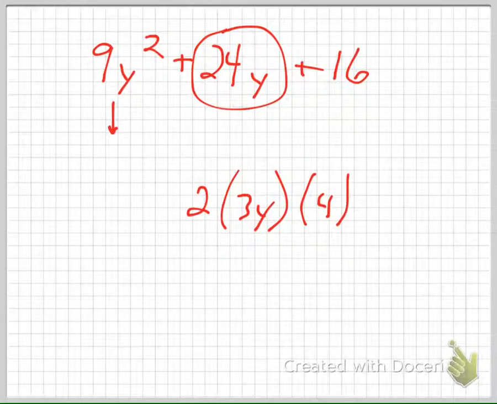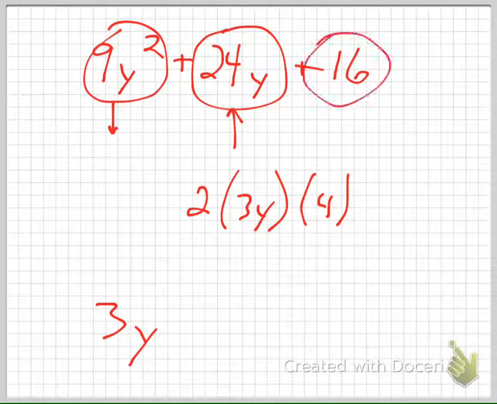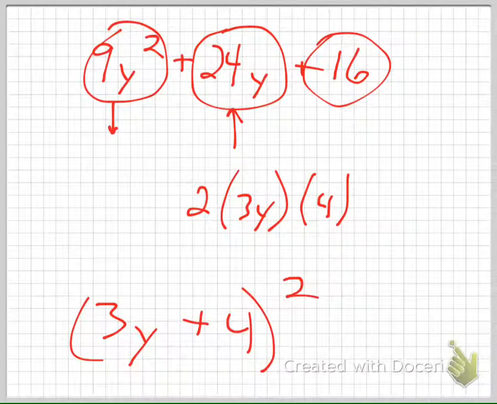What is 2 times 3y? 6y. What is 6y times 4? 24y. That makes this true. That means this whole thing is, what is 9y squared square rooted? What is 16 square rooted? Make sense? What happens if it's not true?